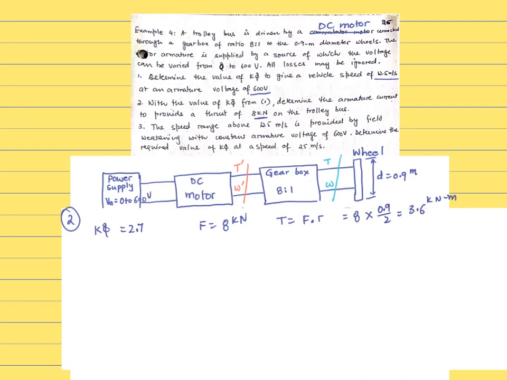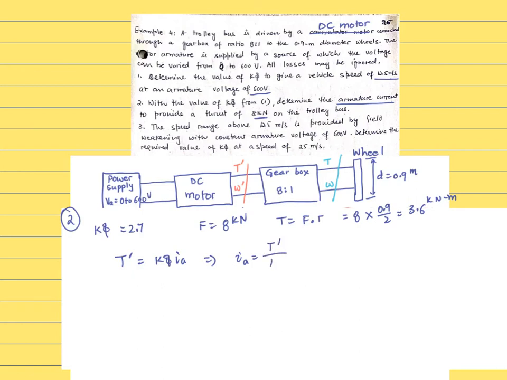Okay, so now we need to calculate the armature current. We're going to say T equals K phi IA. So IA will be, all right, we're in problem again because we are at the motor, so it has to be T prime. T prime we said has to be 1/8 of the torque required.